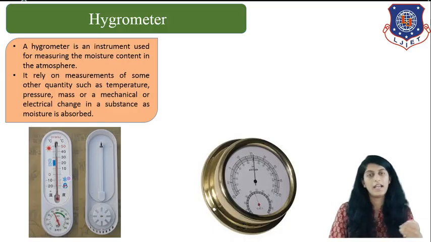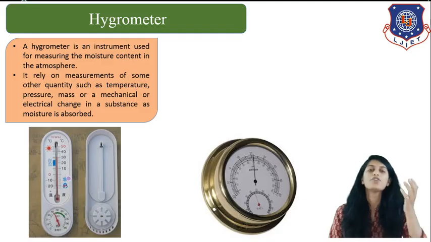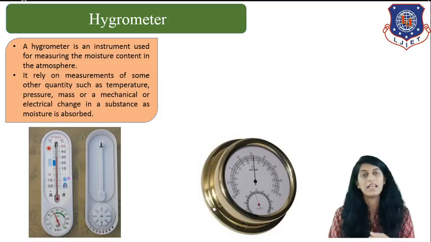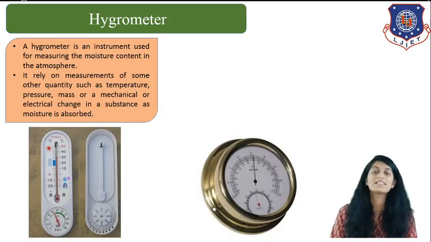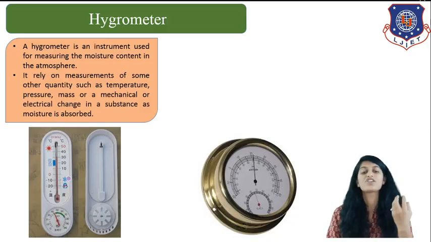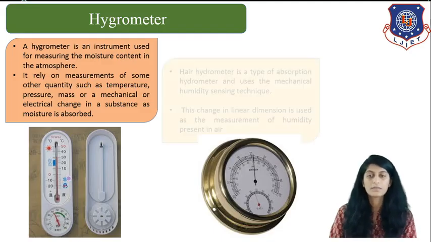It basically works on the measurement of some other quantity or parameter. It measures either temperature, pressure, mass or any mechanical or electrical change in a substance, and then converts that measured value into a humidity measurement.